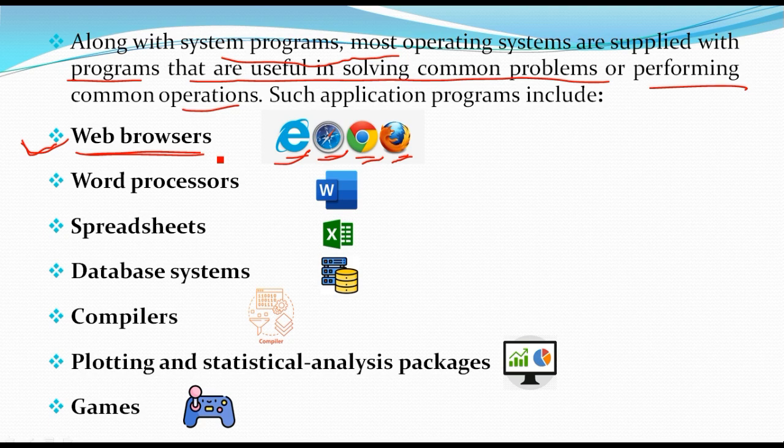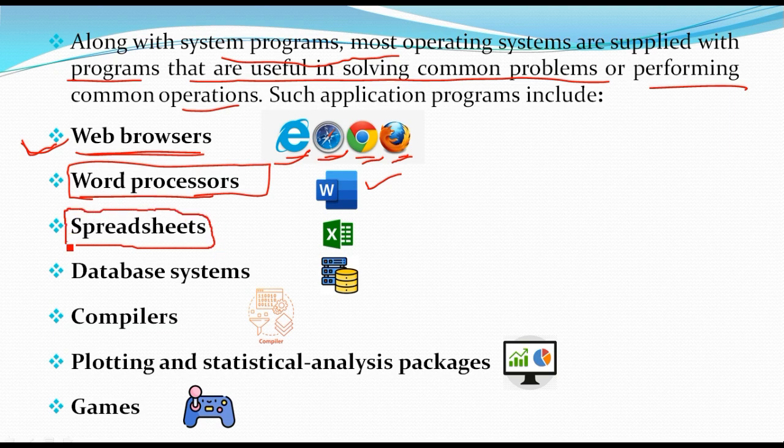Similarly, word processor software is there to open word processor applications, and you can create reports, notes, leaflets, etc. Spreadsheet software is there for preparing or maintaining accounts, creating charts, creating pivot tables, etc. Database systems are used for creating databases and storing user information.